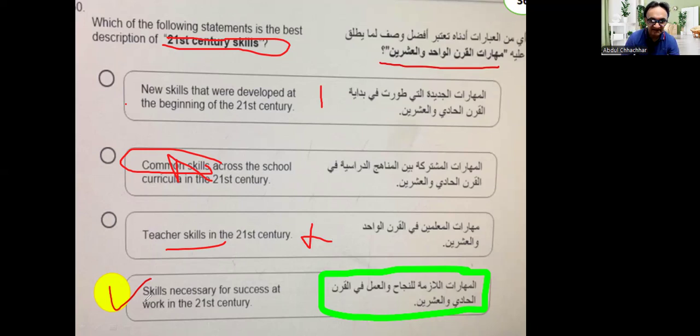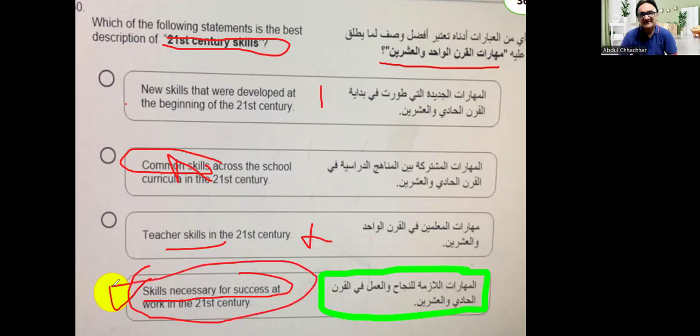So skills necessary for success at work in the 21st century. 21st century skills जो होते हैं वो हम स्टूडेंट्स की नीड हैं जब वो स्कूल या यूनिवर्सिटी से पास करें.